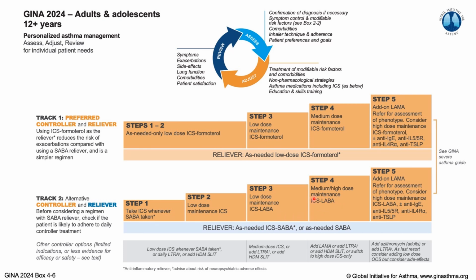Step 4 is maintenance, medium or high dose maintenance ICS-LABA, which is not formoterol or any other. And step 5 is an add-on LAMA, or refer for assessment. You also consider high dose maintenance ICS-LABA, among other drugs. For other controller options, you can also have low dose ICS whenever SABA is taken, as you've mentioned before.